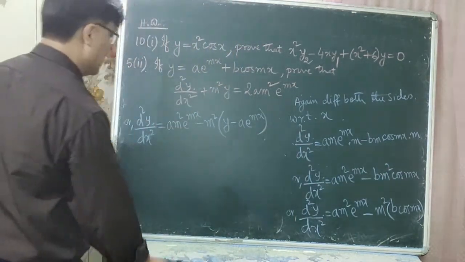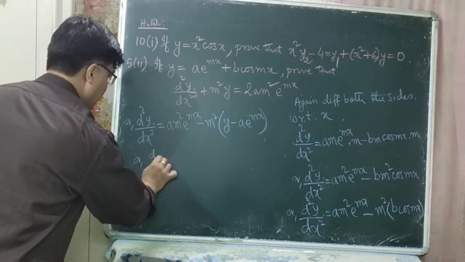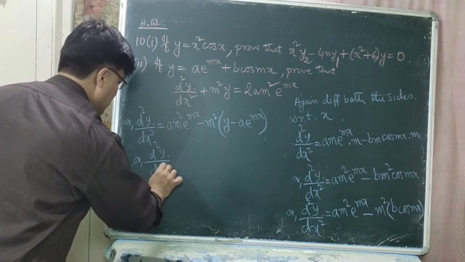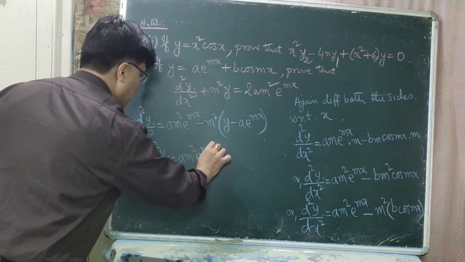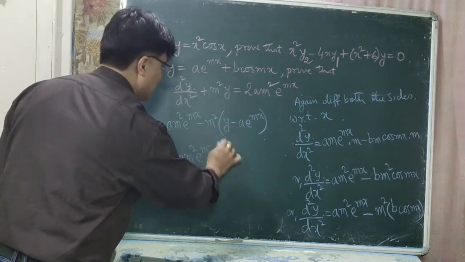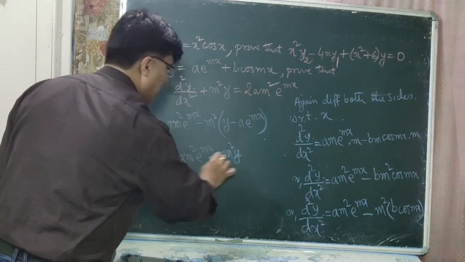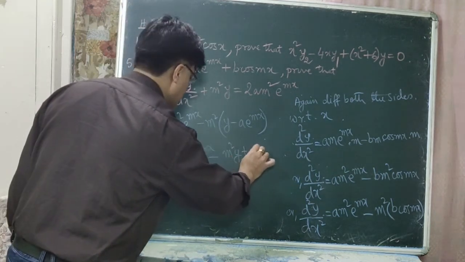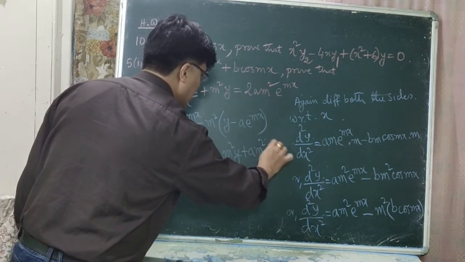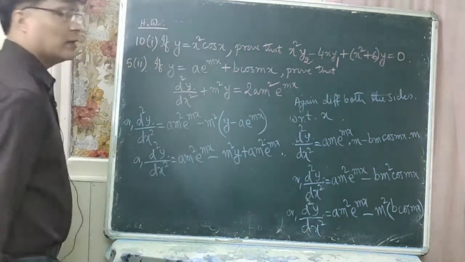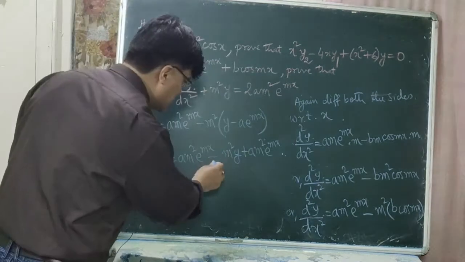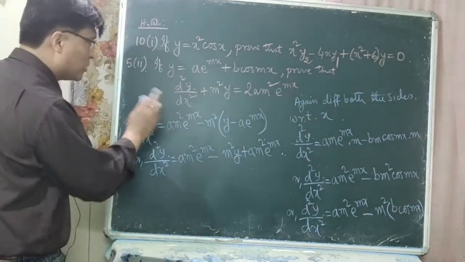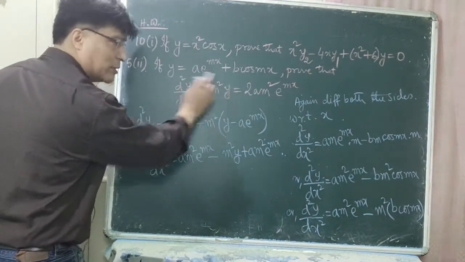So let us simplify it. d2y by dx square is equal to am square e to the power mx minus m square y plus am square e to the power mx. I think you have understood it. Now let us take this minus m square y to the left hand side, because you have to prove d2y by dx square plus m square y.